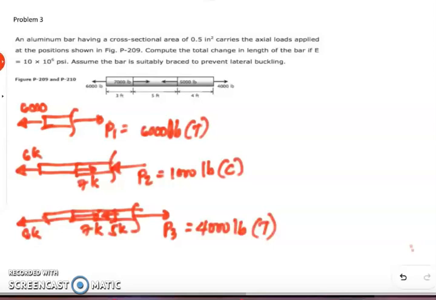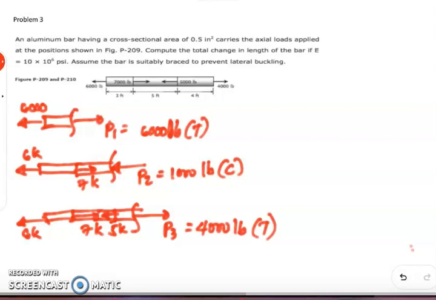So therefore, we can have our deformation, which is the summation of the deformation for each bar.